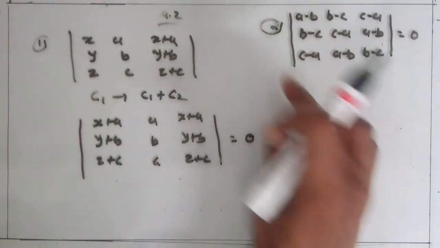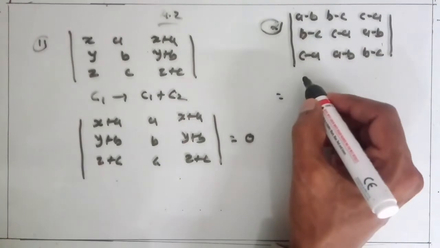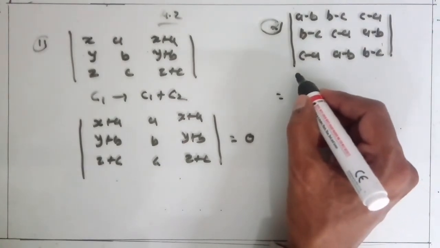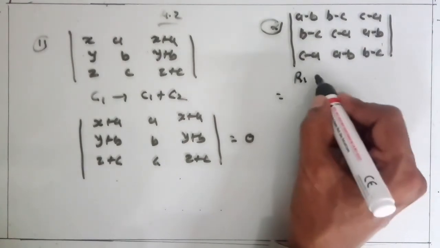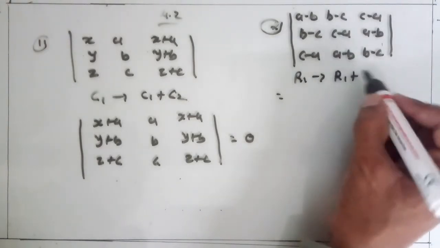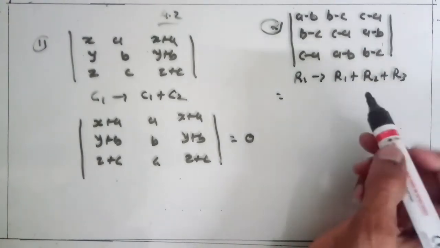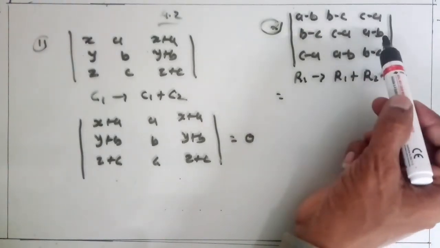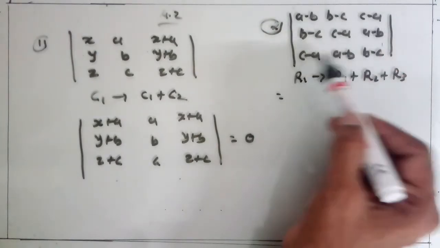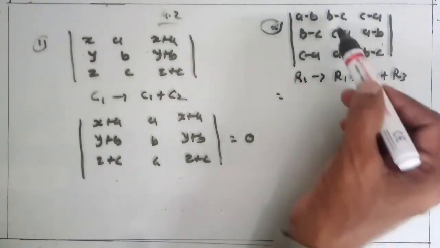That means, taking this side, now apply an operation. Which operation do you apply? R1 implies R1 plus R2 plus R3. Multiplying the second row by 1 and adding it to the first, and the third row by 1 and adding it to the first, that is, R2 and R3 added to the first.